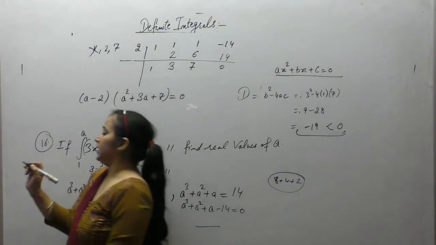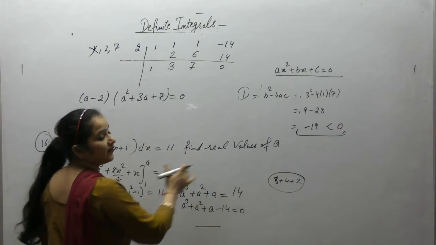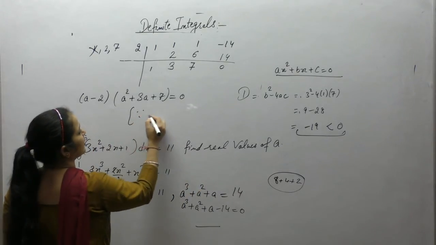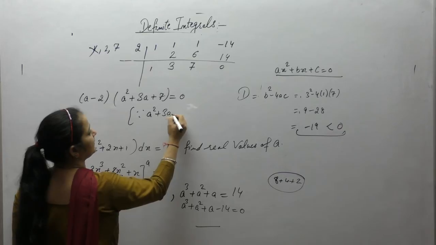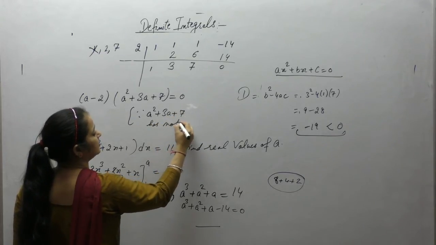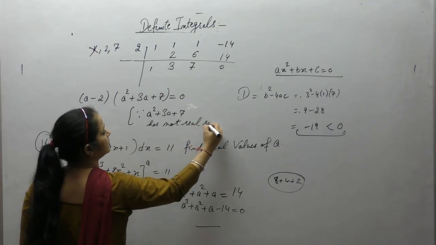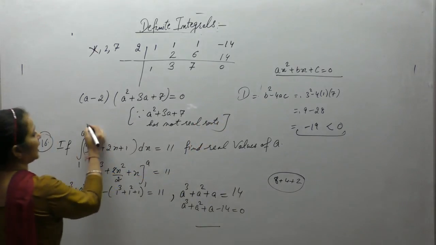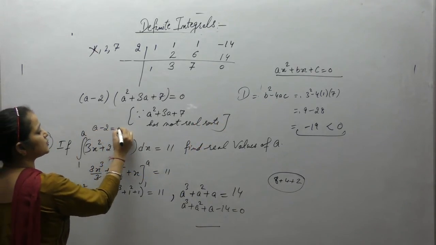So in this question, it says find the real roots, because a square plus 3a plus 7 has no real roots. तो इसका रूट क्या होगा? a minus 2 equals 0.